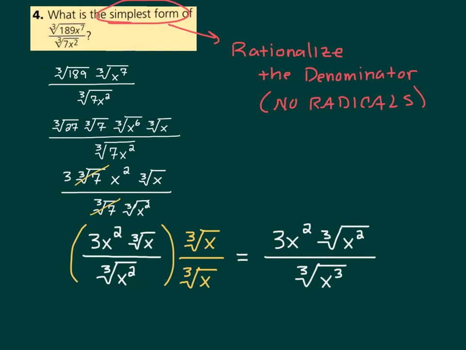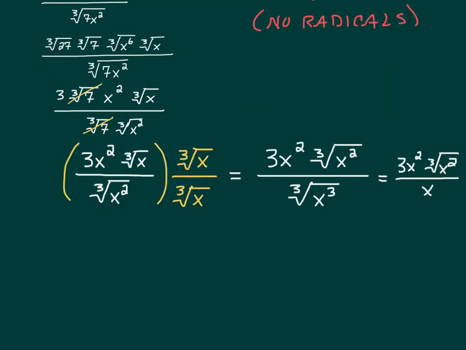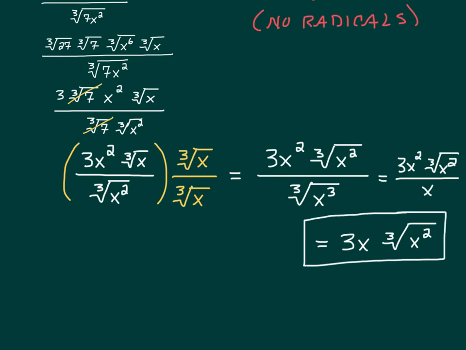What is the cubed root of x cubed? So this is 3x squared times the cubed root of x squared all over x. So since we have x squared here, x here, this simplifies again to be 3x times the cubed root of x squared. That is our simplified form.